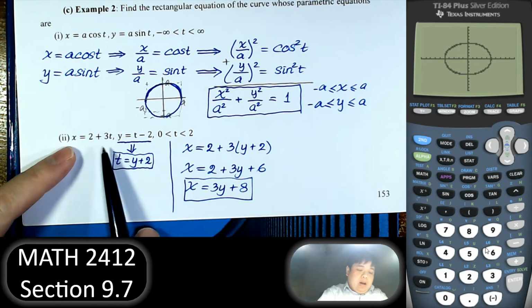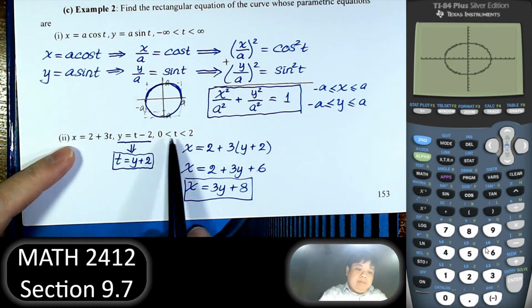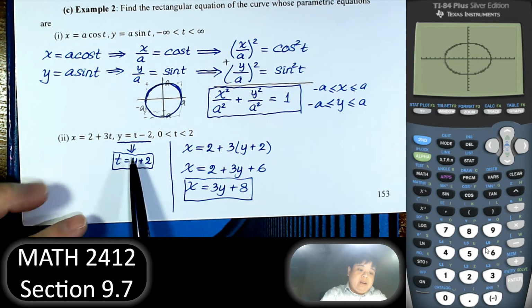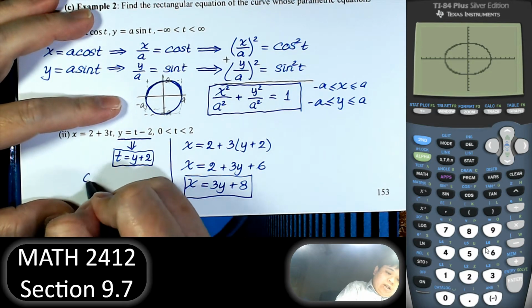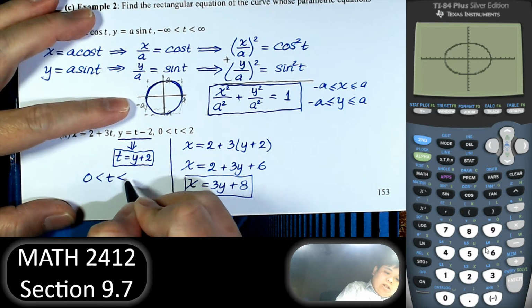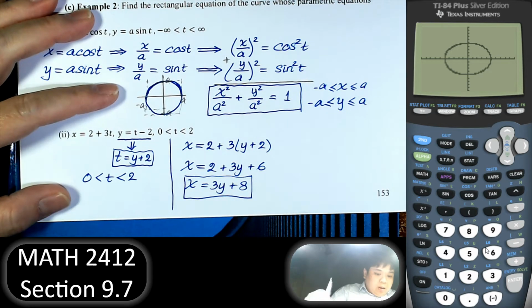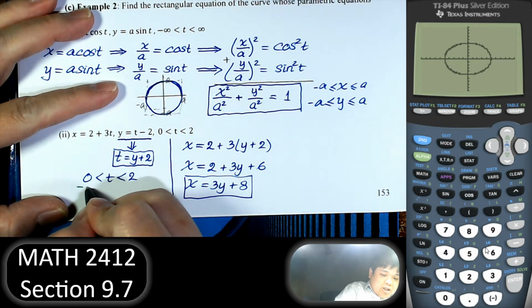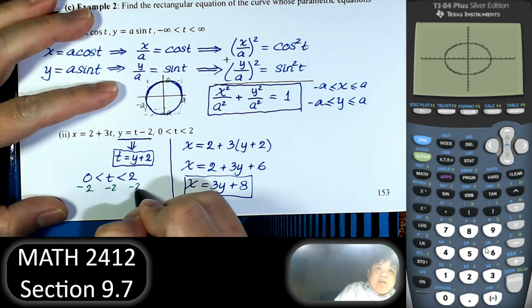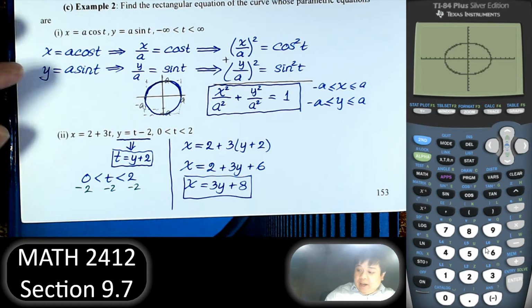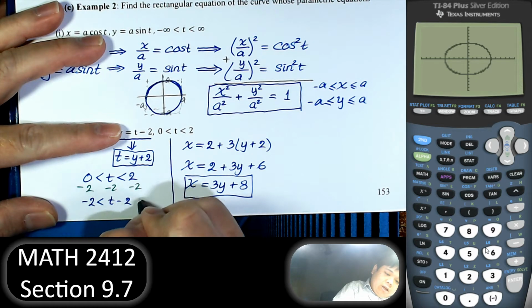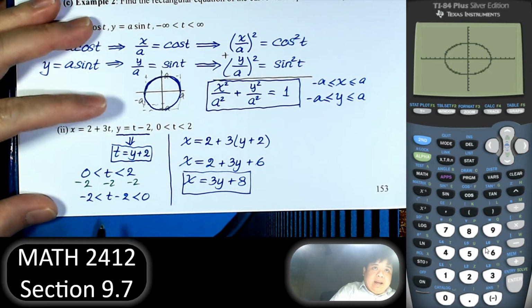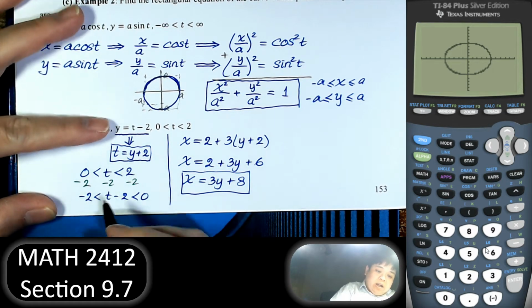But notice every time we do that, this is the whole line. This is only a line segment, so we have to account for t between 0 and 2. But we need to have t minus 2. So originally t is between 0 and 2. If we subtract 2 everywhere, we have negative 2 less than t minus 2 less than 0, and t minus 2 is y.